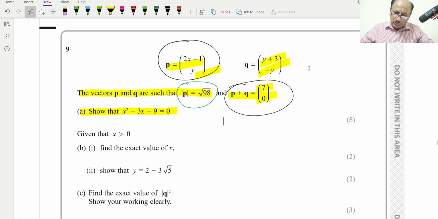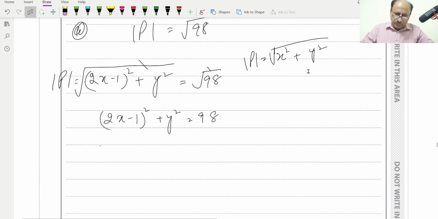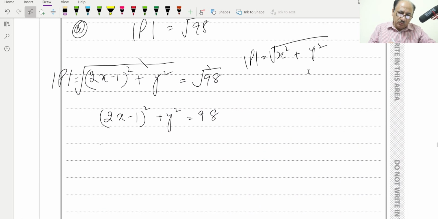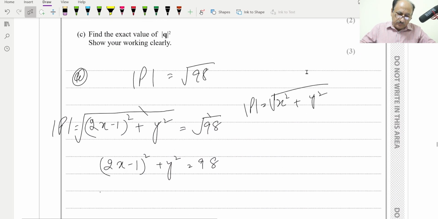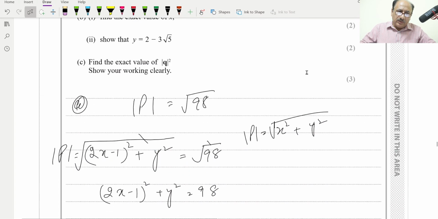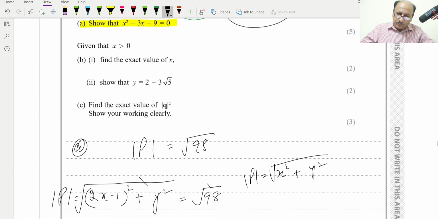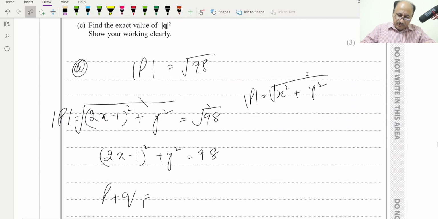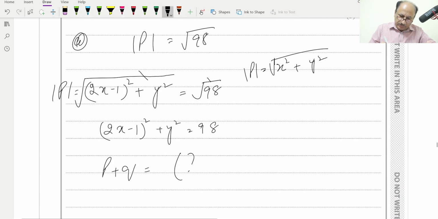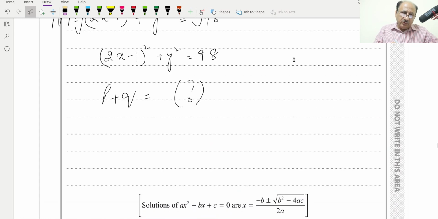P plus Q is equal to (7, 0). So we will apply this one. We will write P plus Q is equal to (7, 0), and P plus Q values we can replace.